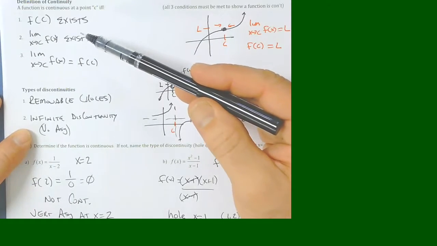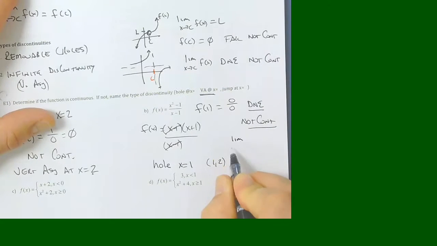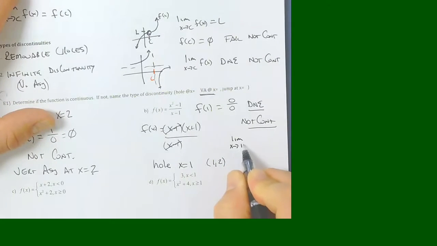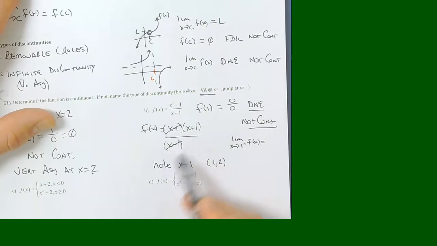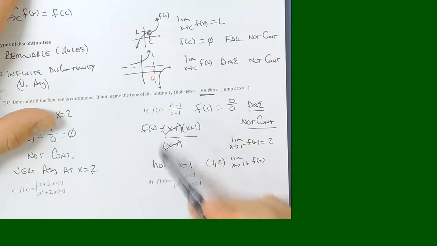If we wanted to look at the second part of my definition, does the limit exist? The limit, as x approaches 1 from the left, is going to be, once we remove it, 1 plus 1, 2. The limit, as x approaches 1 from the right of my simplified function, is 2.